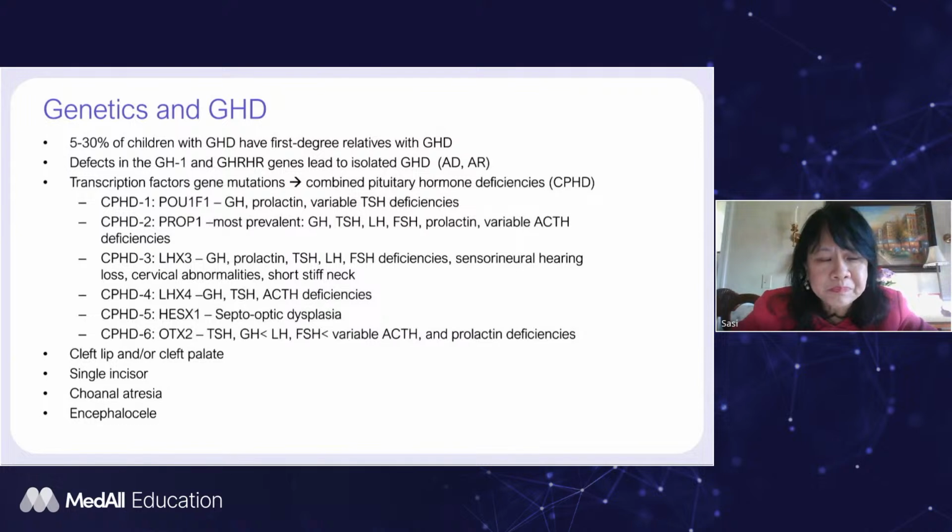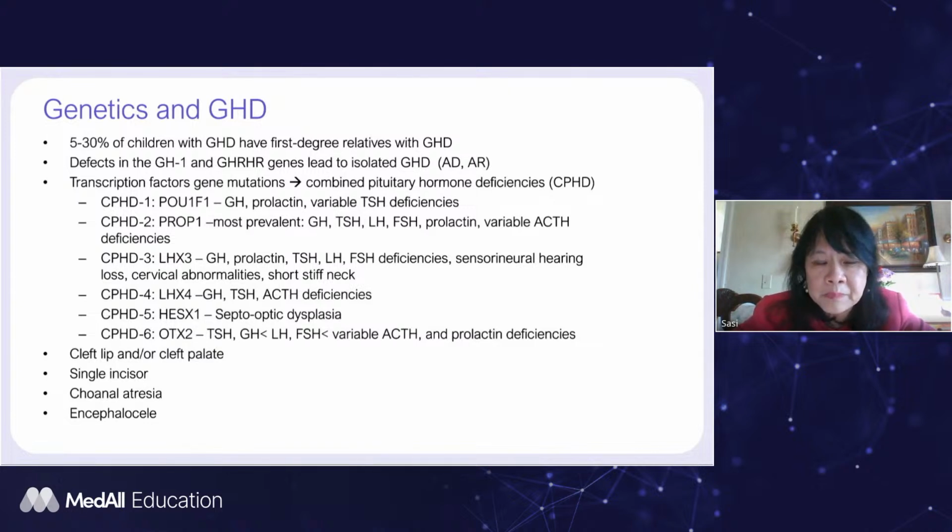And we know that growth hormone deficiency can be caused by genetic disorders. We know that 5 to 30% of children with growth hormone deficiency have first-degree relatives with growth hormone deficiency. There are many genes that can cause growth hormone deficiency. The common ones are defects in the growth hormone 1 gene or the growth hormone releasing hormone receptor gene.